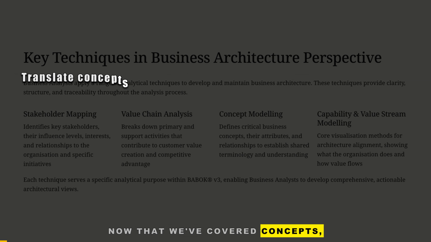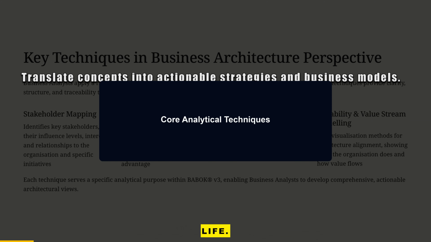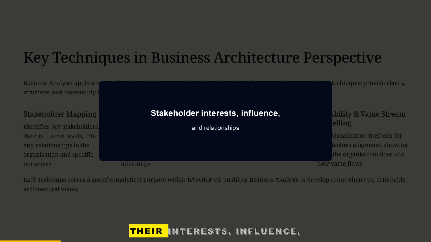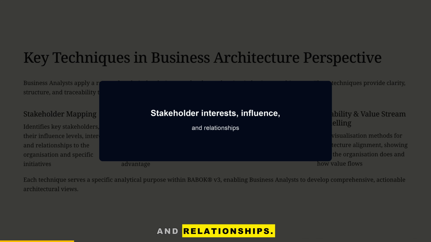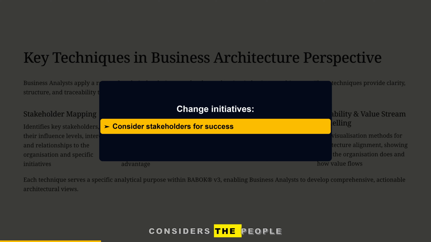Now that we've covered concepts, let's look at the core analytical techniques that help bring them to life. Stakeholder mapping identifies the key players, their interests, influence, and relationships. It ensures that every change initiative considers the people who can make or break its success.